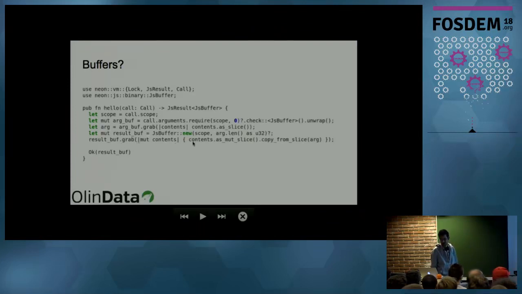And in this case, you put the mut. So then we say that this argument is going to be mutated. Then we just say copy from slice, which copies that original buffer into it. So then we can return that buffer, and then JavaScript has a new buffer around.